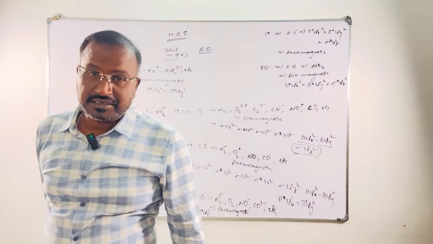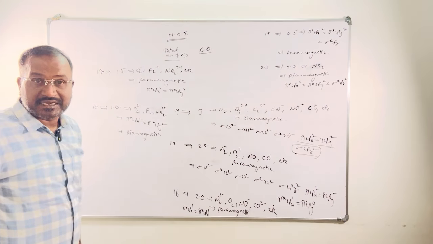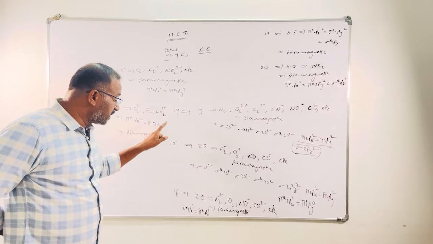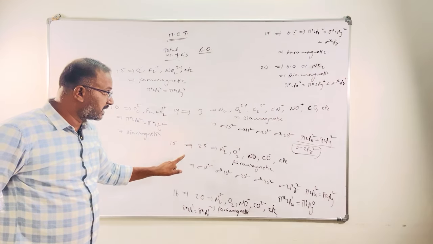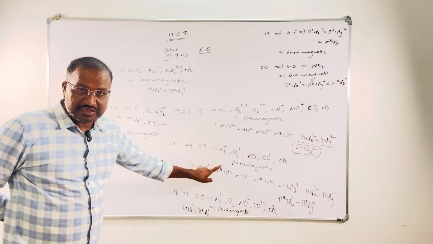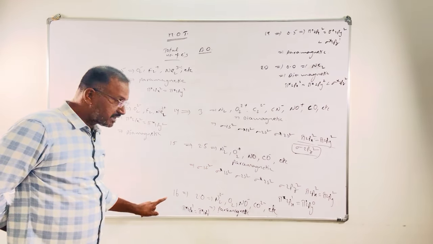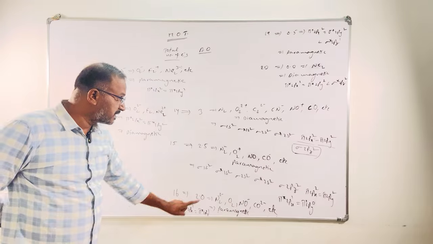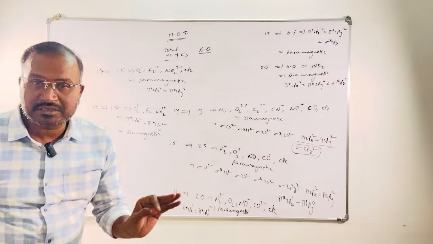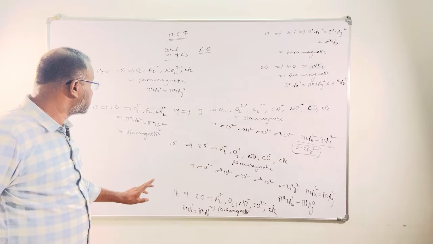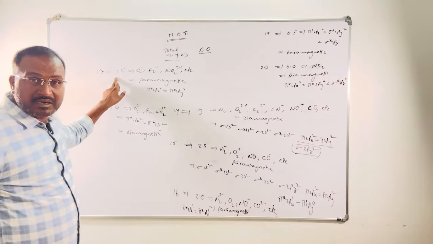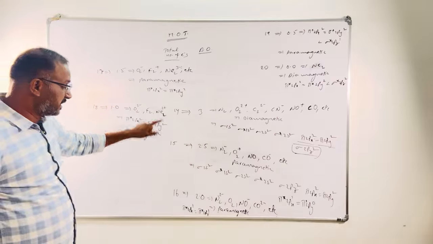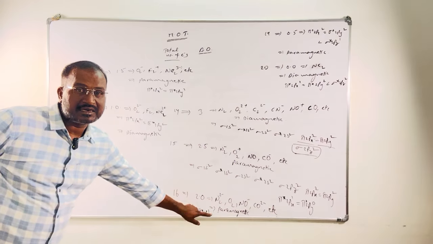Magnetic nature changes. So briefly once again I am saying, if it is 14 to 15, bond order decreases, magnetic nature changes. If 15 to 16, bond order decreases, magnetic nature does not change, paramagnetic, paramagnetic. 16 to 17, bond order further decreases, magnetic nature does not change, paramagnetic, paramagnetic.